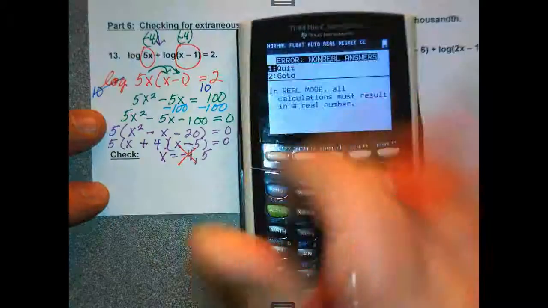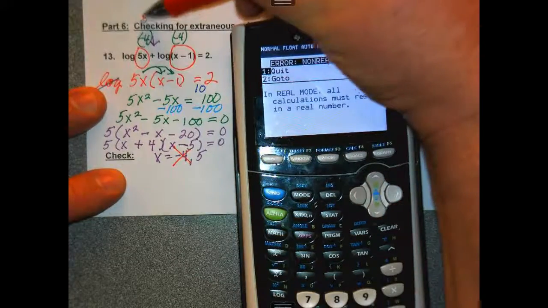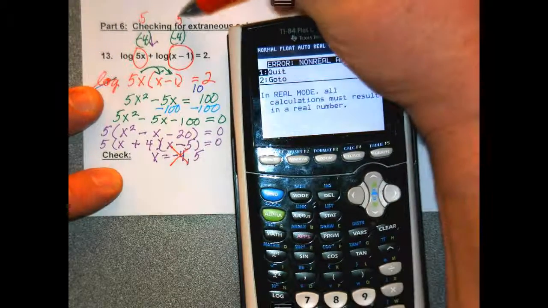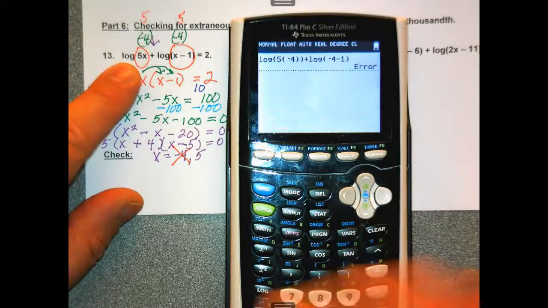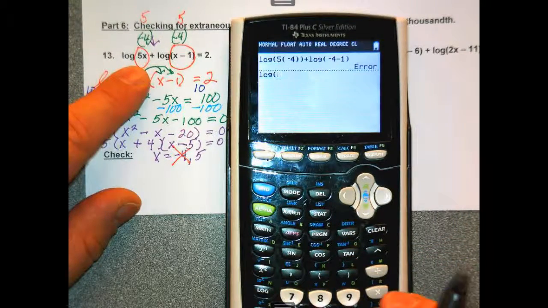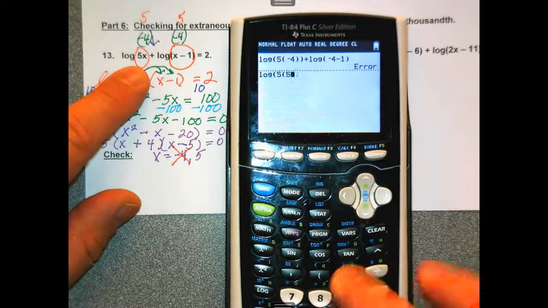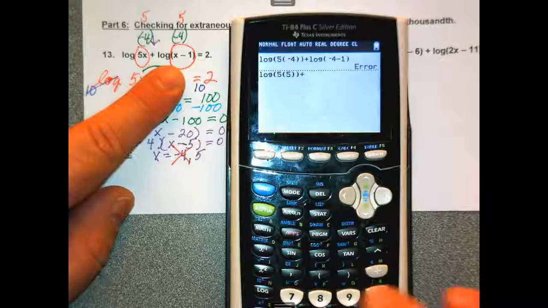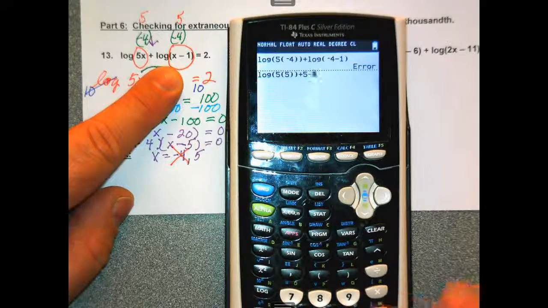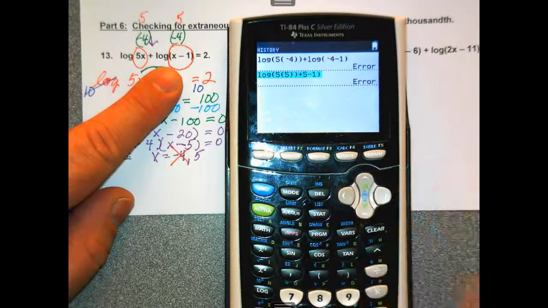Try 5 for x. Okay, I have log of 5 times 5 plus log of 5 minus 1. This better equal 2. Oh, I forgot a parenthesis.